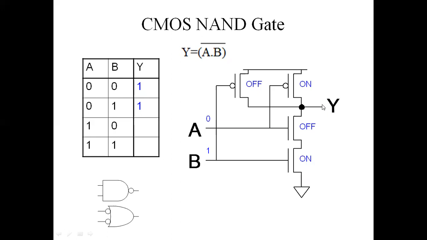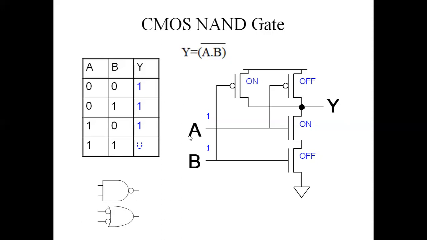So the total path is present between the VDD and the Y, that is the output. So output becomes 1. The same case is present for the 1 and 0. One of the NMOS is again off, so no path is present for Y towards the ground. So again the Y is connected to the VDD, so output is again equals to 1.